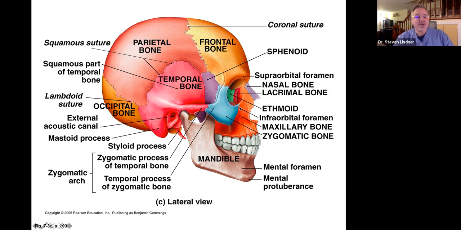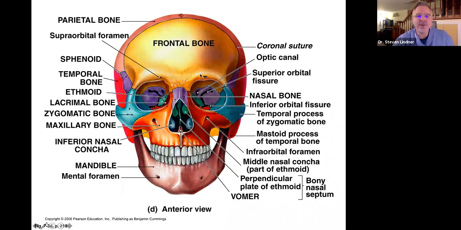And again, foramen are holes where nerves are going to travel through. When we look at it from the front, the supraorbital foramen we just mentioned, that's here. And then below the orbit of the eye is the infraorbital foramen.